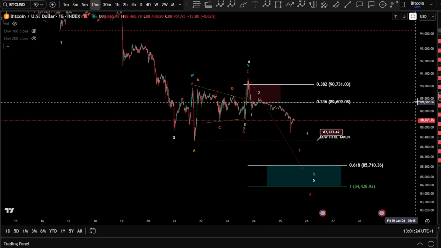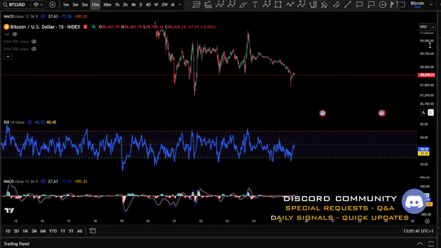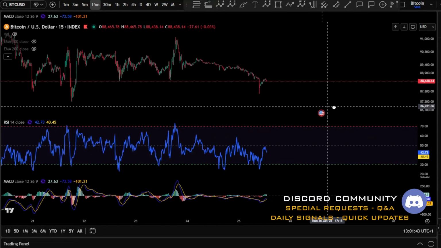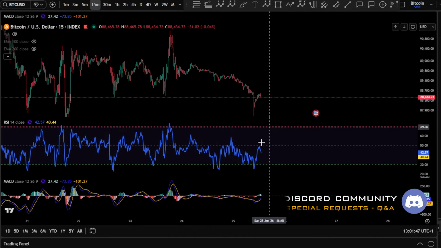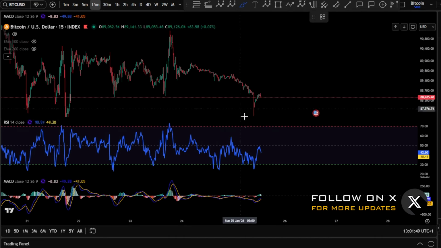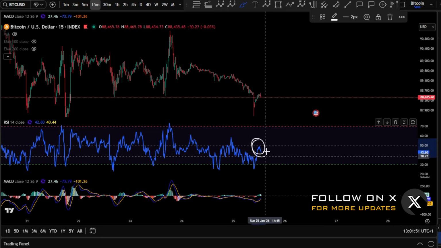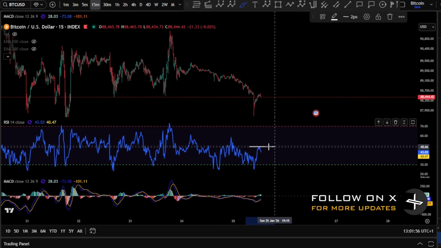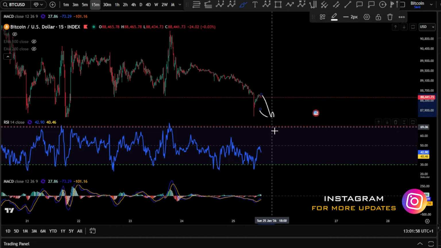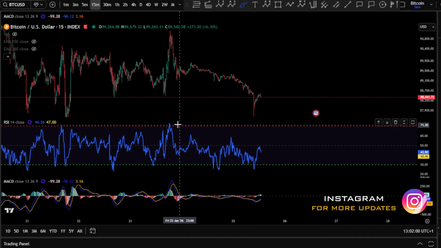If we move also to the RSI here, actually we're gonna do the RSI and MACD together at the same time, because it gives us even more influence for the price and what is going on. So on the 1-hour chart, we still are on the RSI below the center line, which is a pressure playing as a resistance key, and then potentially pushing continuously toward the downside.